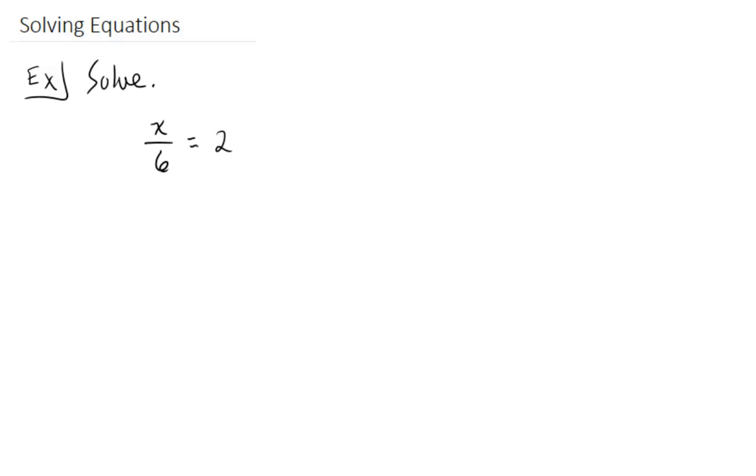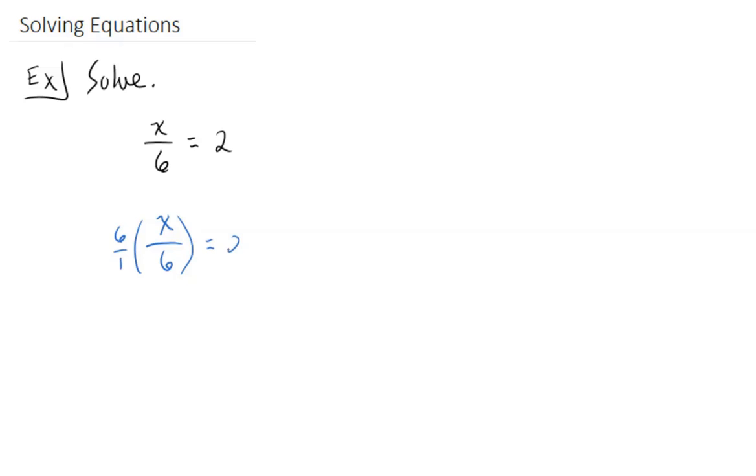If we take 12 divided by 6, we're going to have a 2 as a result. But to see how our properties of equality work, again, I can do anything I want as long as I maintain the equality. Well, right now x is being divided by 6. The opposite of that would be to multiply by 6. And I like to put it as 6 over 1 since we're dealing with fractions, just to emphasize this is a 6 in the numerator.